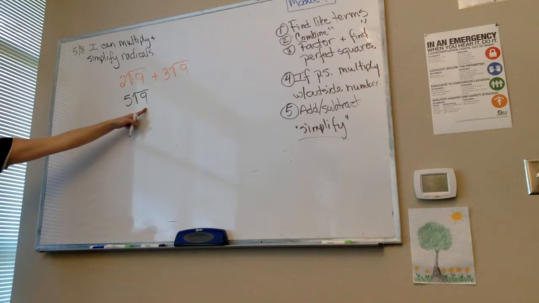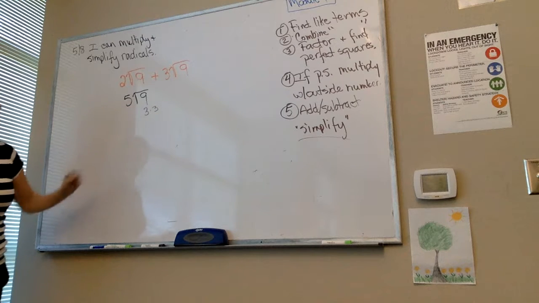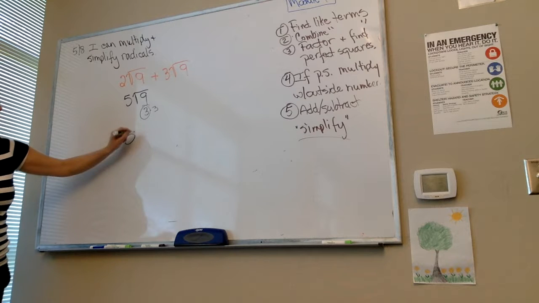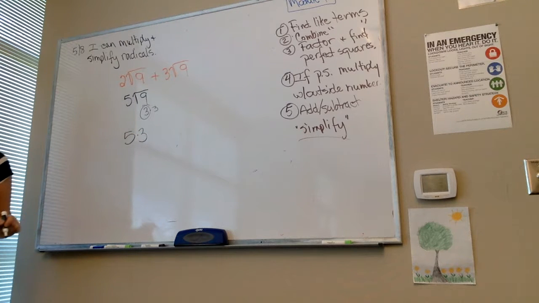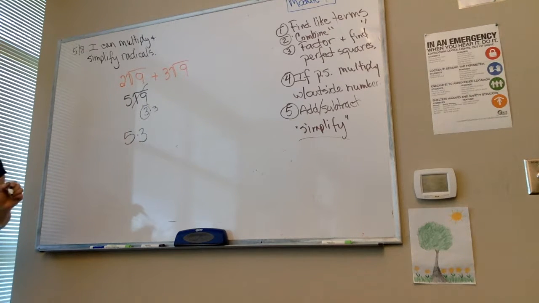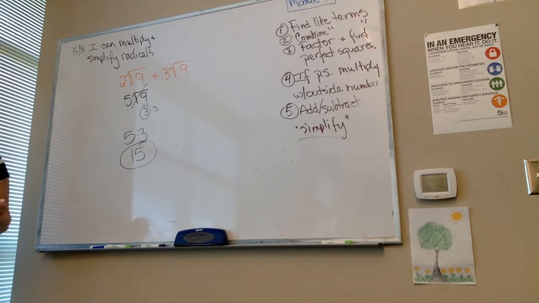Katie, what's the square root of 9? What number times itself equals 9? 3. Good. So we can simplify the 9 to 3, because that cancels out the 9, right? We bring it out, multiply. What's 5 times 3? 15. Simplified, multiplied, done.